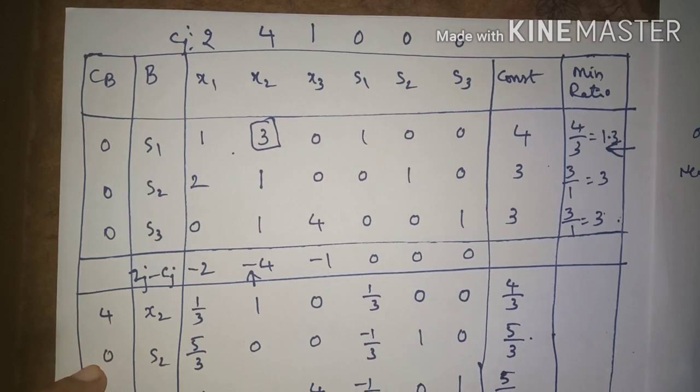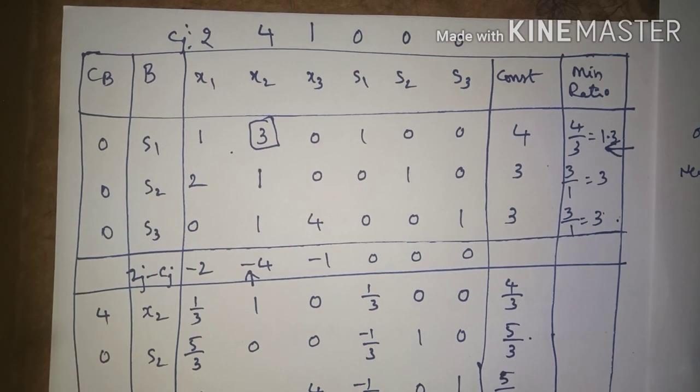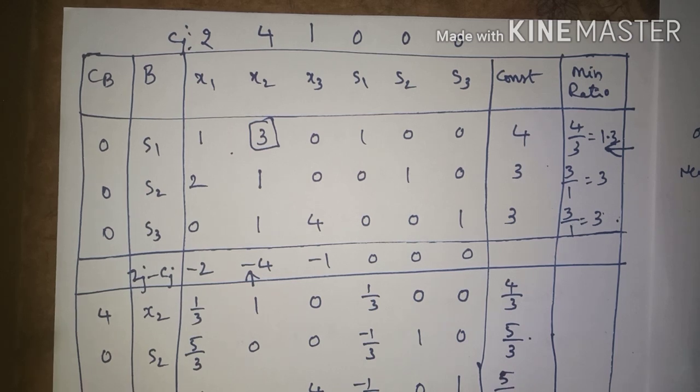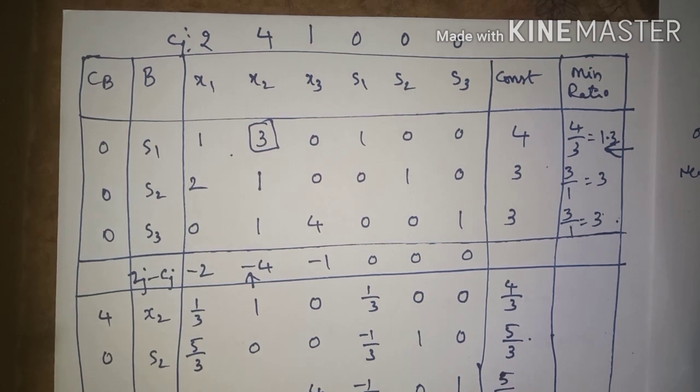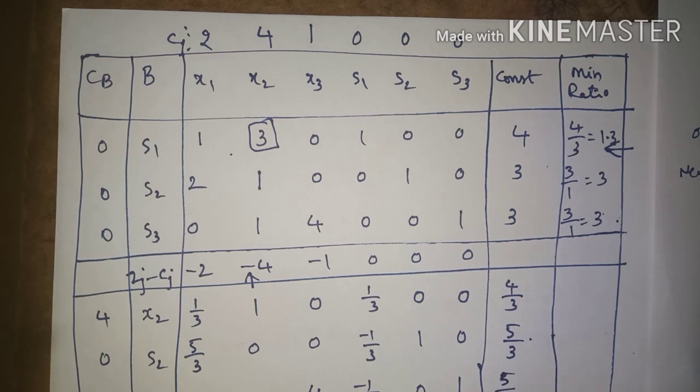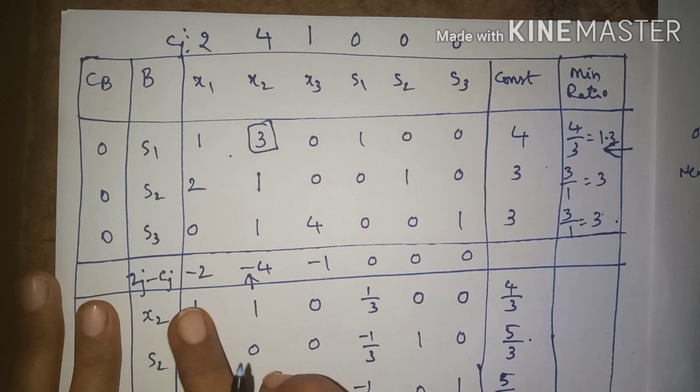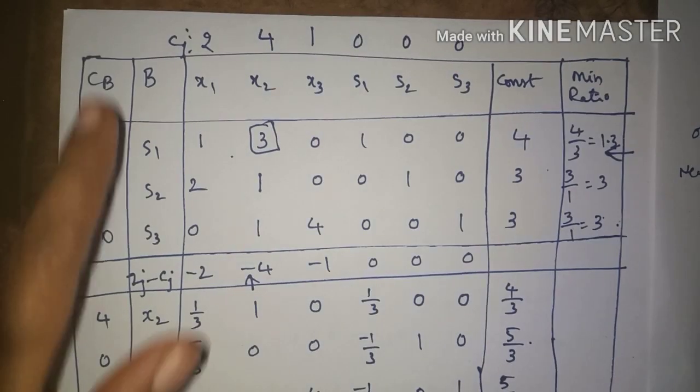Now we will find the index row elements. How to find the index row? Using the formula Zj minus Cj. Zj minus Cj means Cb column into first column minus the Cj element, here minus 2.